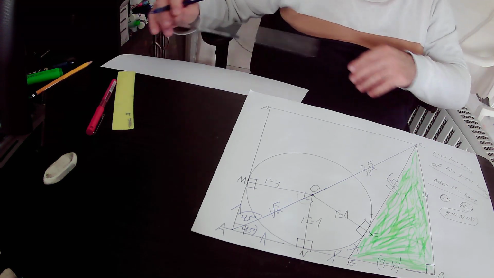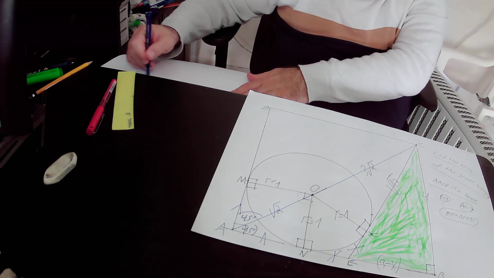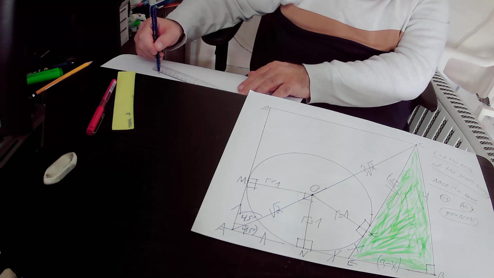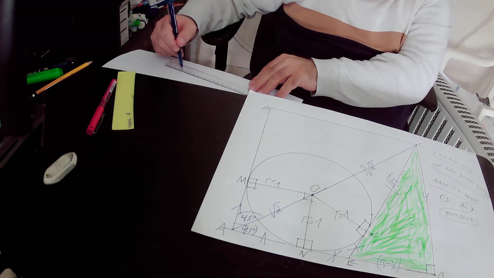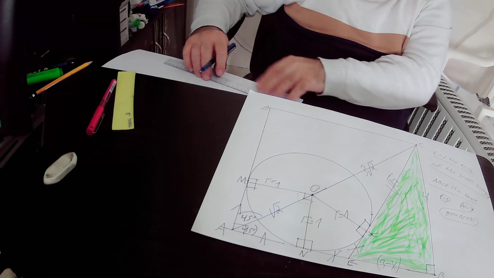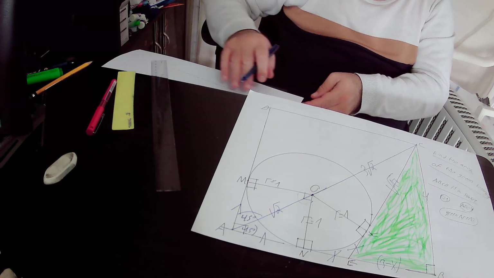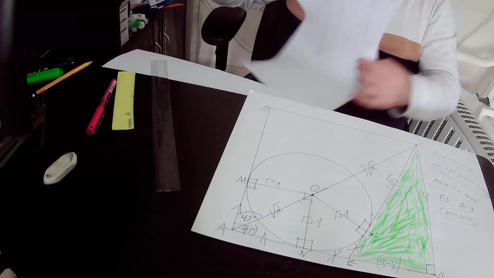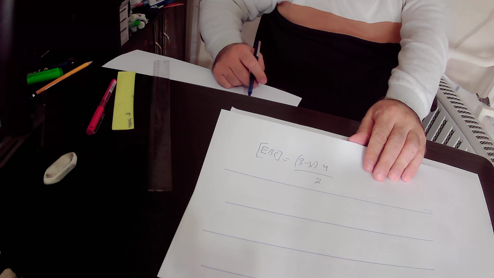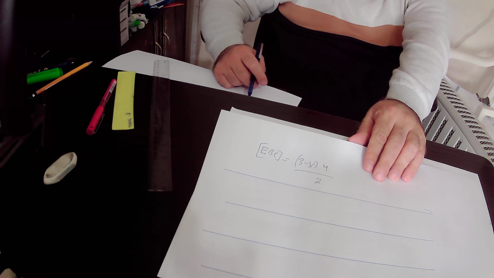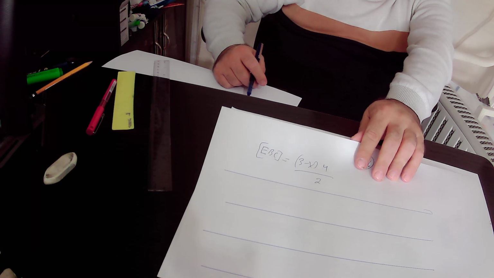So the area of the green right triangle EBC equals (3 minus x) times 4 over 2. 4 over 2 is 2, so I will write it down.